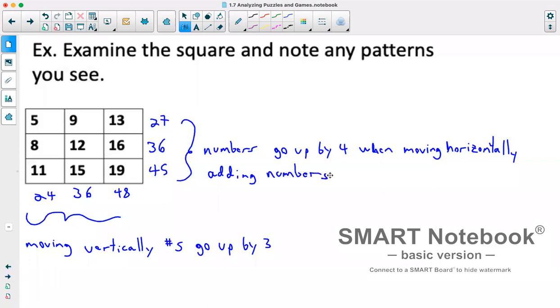So we can also say adding numbers horizontally, we get 3 times the middle term. And adding things vertically, we get 3 times the middle term.